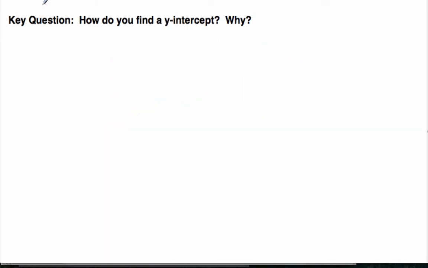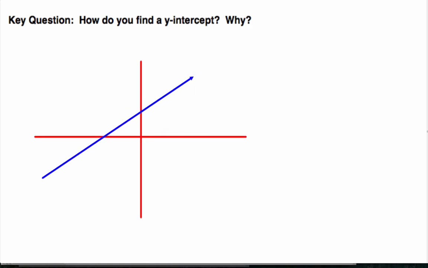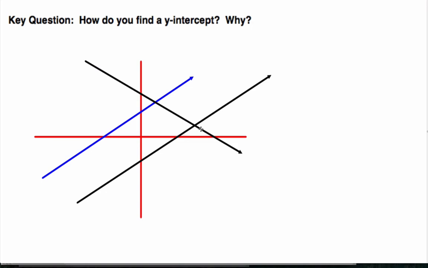The next key question is, how do you find the y-intercept? If we want to find the y-intercept, we have our x and y axes. And if we have a line here, or a line over here, or a line over here, we know these are all the y-intercepts, where the line crosses the y-axis.